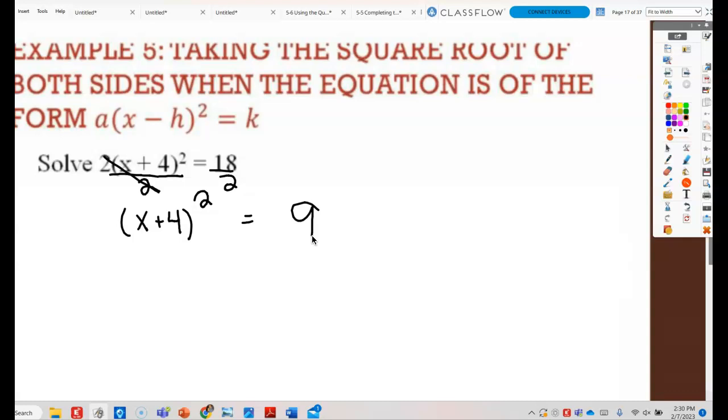So we can get rid of this squared by taking the square root. That square root is going to cancel that square.